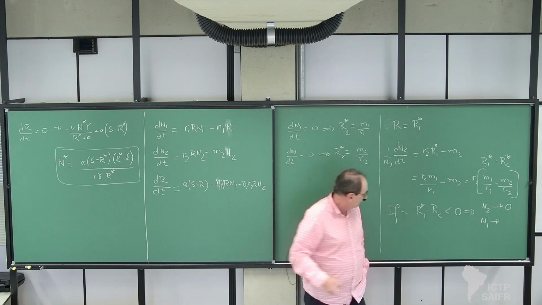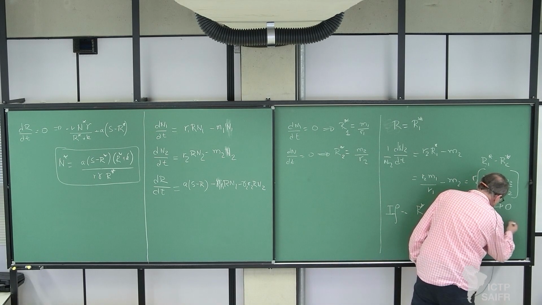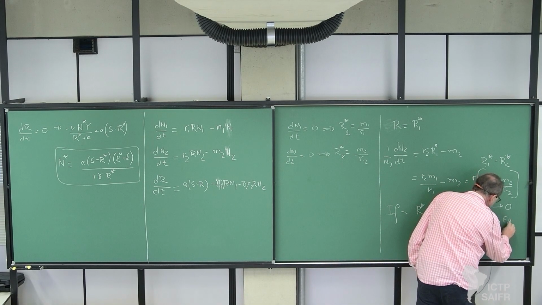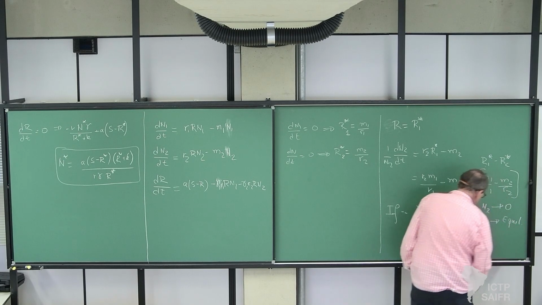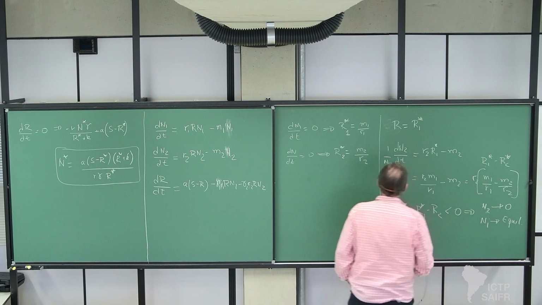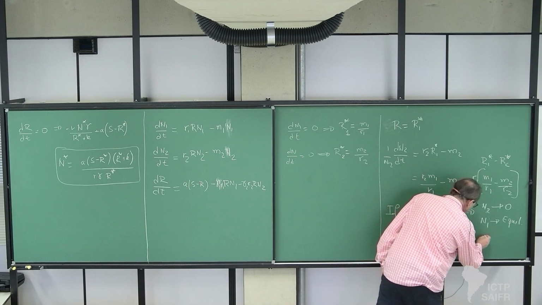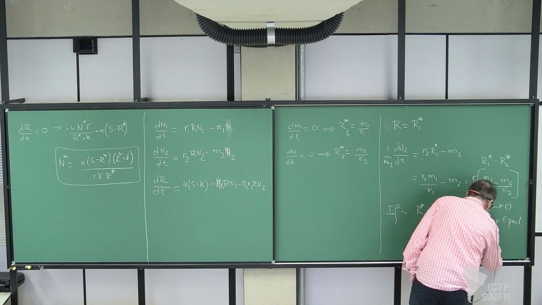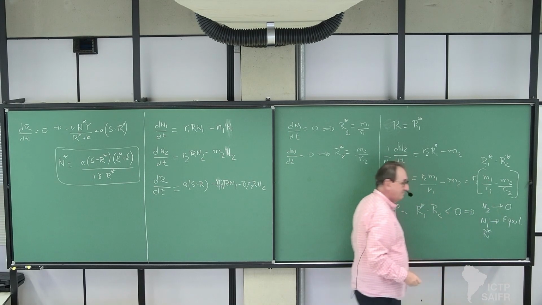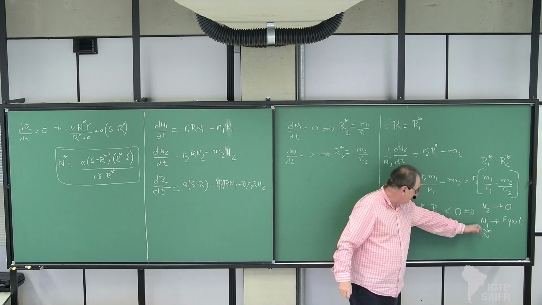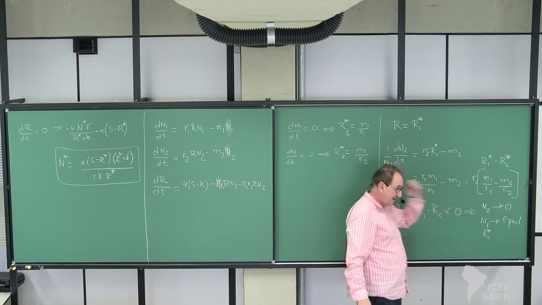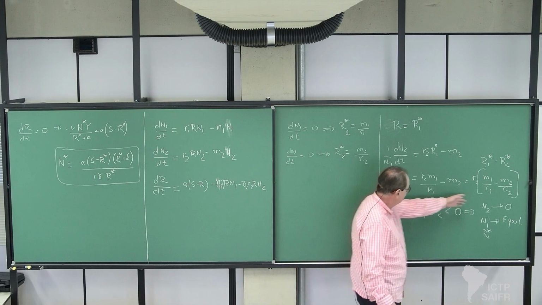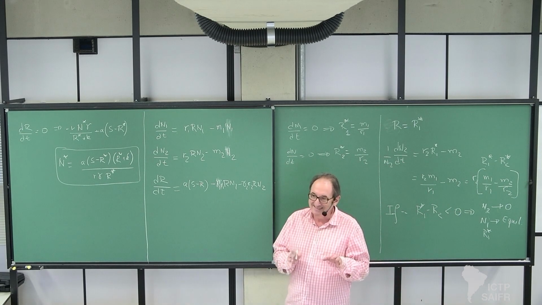But N1 goes to equilibrium with the resource R1, and N2 goes away. So this is called an invasion analysis.